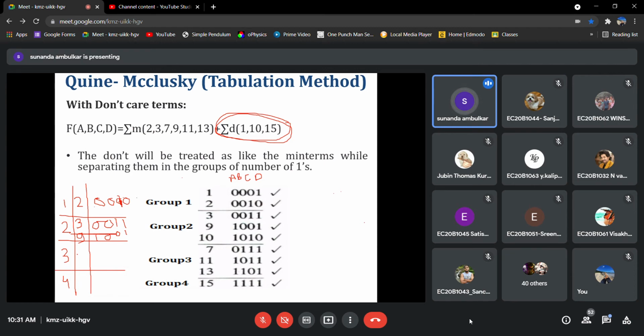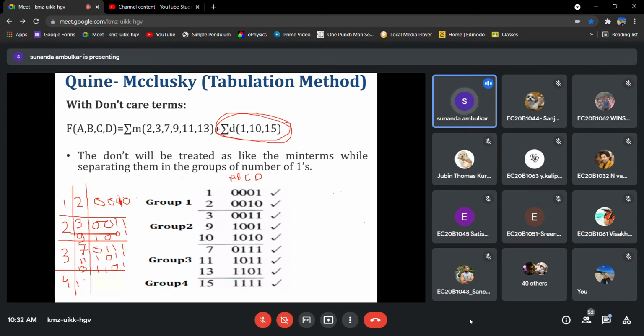The parts of group 3 are 7, which is 0, 1, 1, 1, then 11, which is 1, 0, 1, 1, and 13, which is 1, 1, 0, 1.